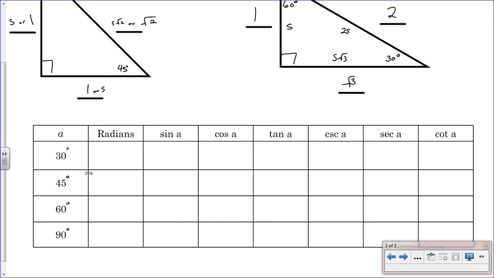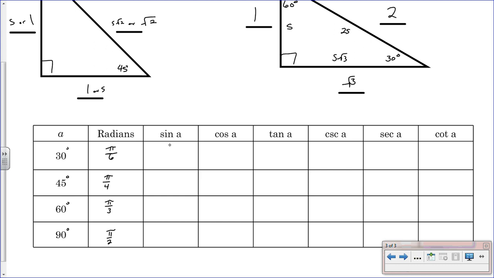Well, all except for 90. So 30 degrees. What's 30 degrees in radians? Multiply it by pi over 180 and reduce. You'll get pi over 6. 45 degrees, same thing, you'll get pi over 4. 60, multiply out, you'll get pi over 3. And 90 you should already know is pi over 2.